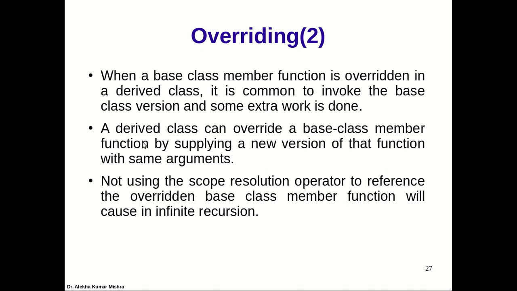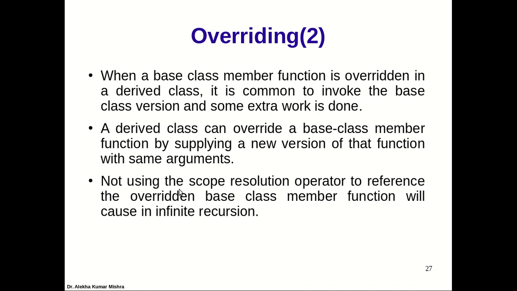A derived class can override a base class member function by supplying a new version, a function with the same arguments. Whenever we need to define a new version of a function in the derived class, we take the help of overriding. Not using the scope resolution operator to reference the overridden base class member function will cause infinite recursion.